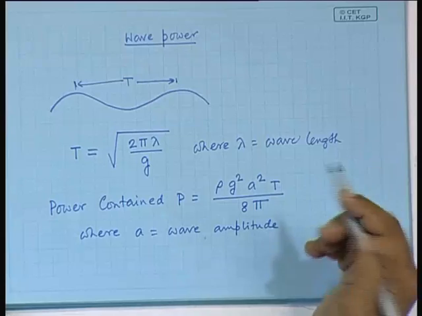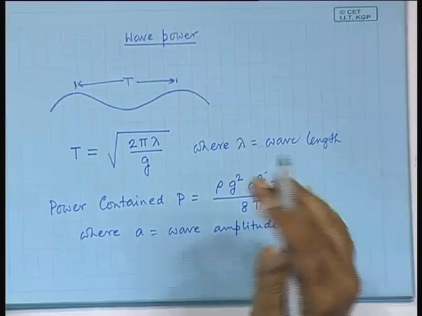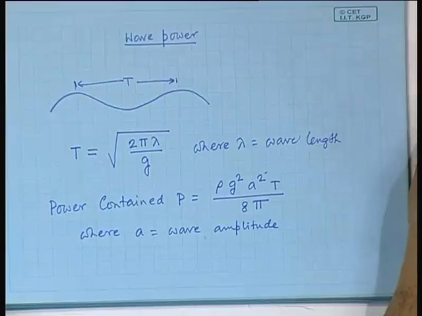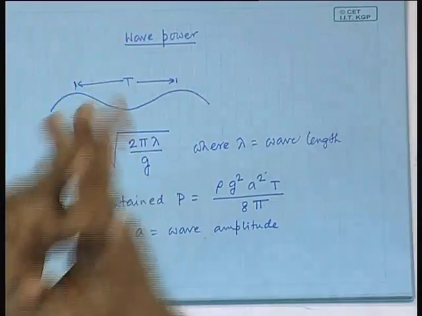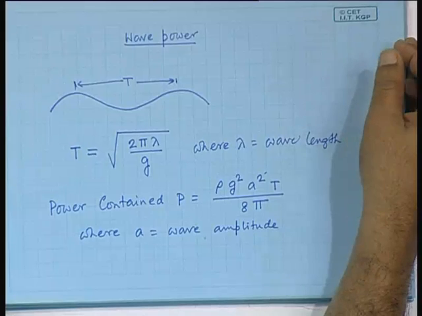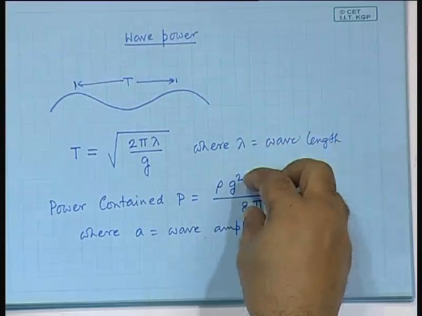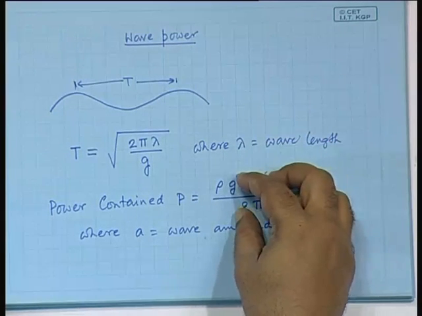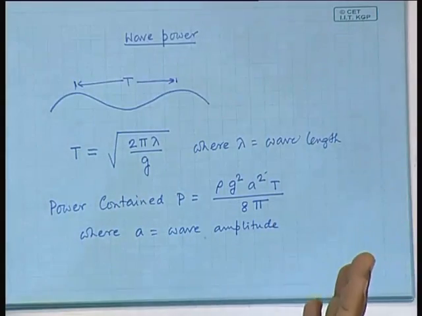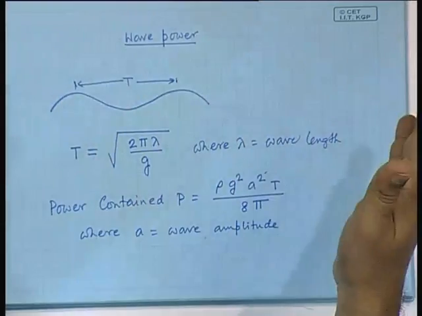So, essentially the whole thing depends on the A, the amount of oscillation that you experience at a particular point, and this allows you to calculate the power content per unit. Say if you are looking at the sea, this is the power content in kilowatt per meter of the sea front.